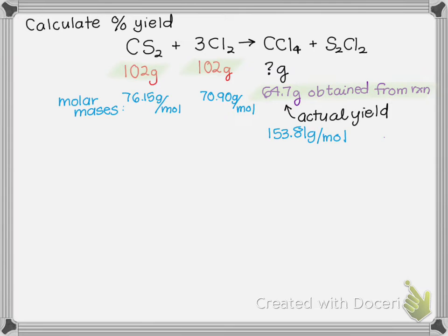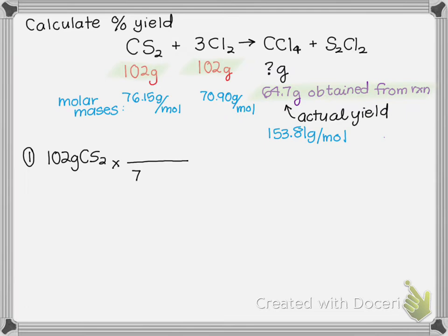All right, so now we're ready to get into the problem. So I'm going to set it up first. I'm going to do the CS2. So I have 102 grams of CS2. And I need to convert that to moles by dividing by the molar mass, which I calculated under CS2.